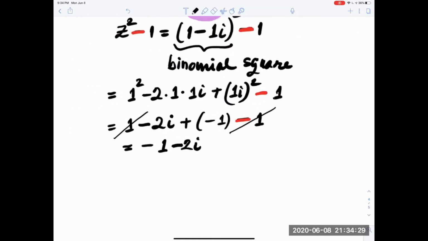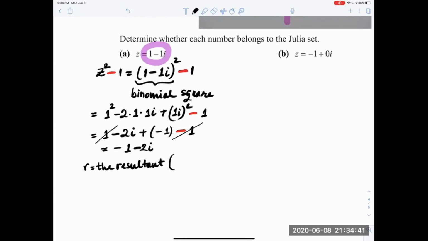So this R is also called either the resultant or the modulus. So R equals the resultant. In other textbooks, this is called the modulus.